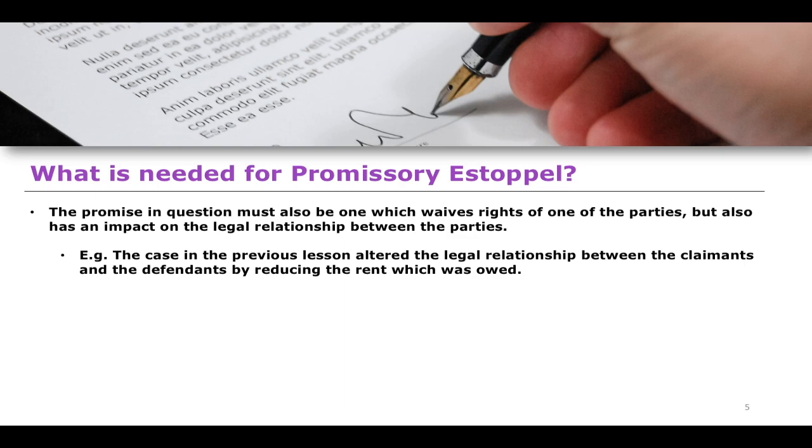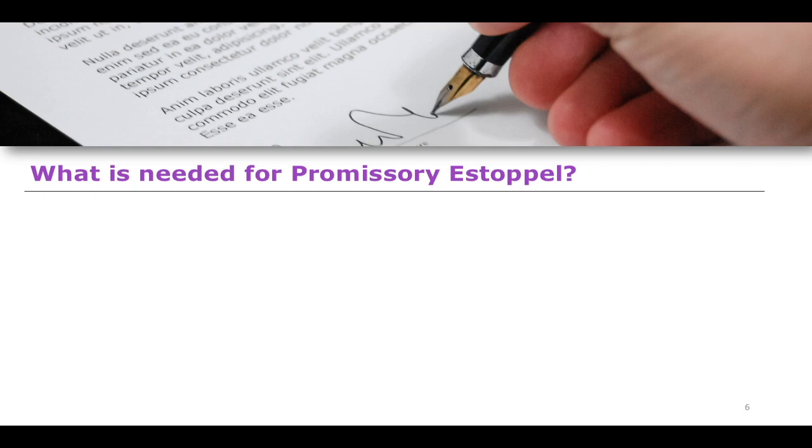That legal relationship then changed as a result of the fact that the claimants agreed to and promised to waive their rights by reducing the rent. So there has to be a waiving of rights, and this waiving of rights has to change the legal relationship between the parties.